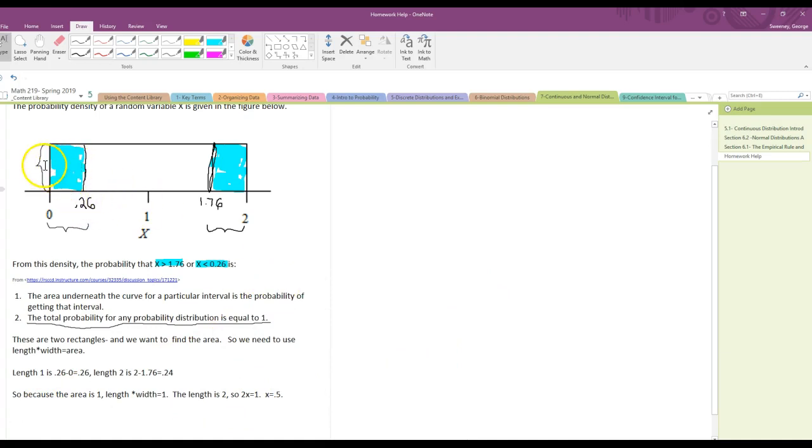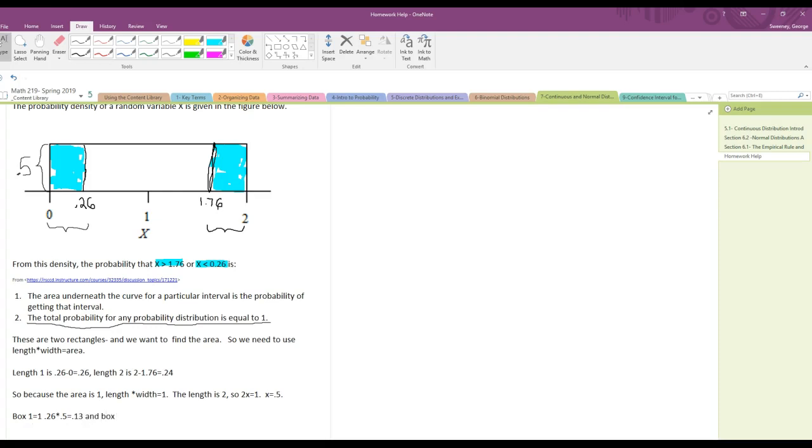Now for these two boxes, we know 0.5. So box 1 will equal 0.26 times 0.5, which equals 0.13.